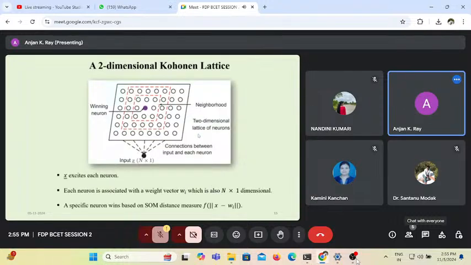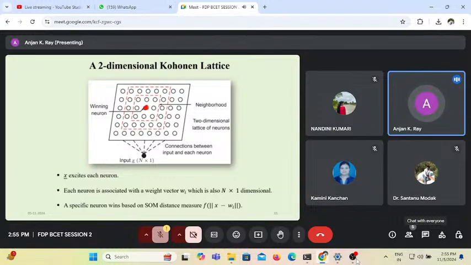Before that, a two-dimensional coordinate lattice is shown here. Let's say we have input x here, and as we discussed, this input is applied to all neurons. It has 48 neurons, and let us consider this neuron is the winner neuron.